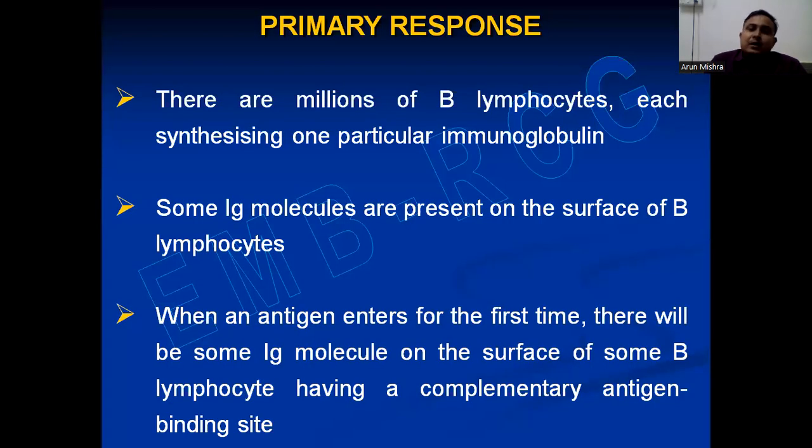Primary response. There are millions of B lymphocytes, each B lymphocyte synthesizing one particular antibody. Some immunoglobulin molecules are present on the surface of B lymphocytes. When an antigen enters for the first time, there will be some immunoglobulin molecule on the surface of some B lymphocyte having a complementary antigen binding site.